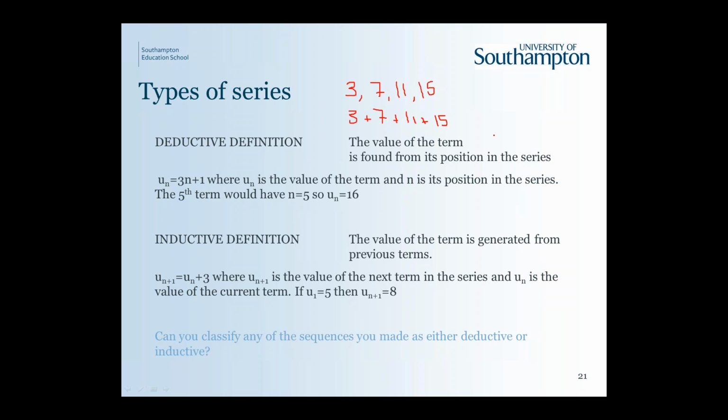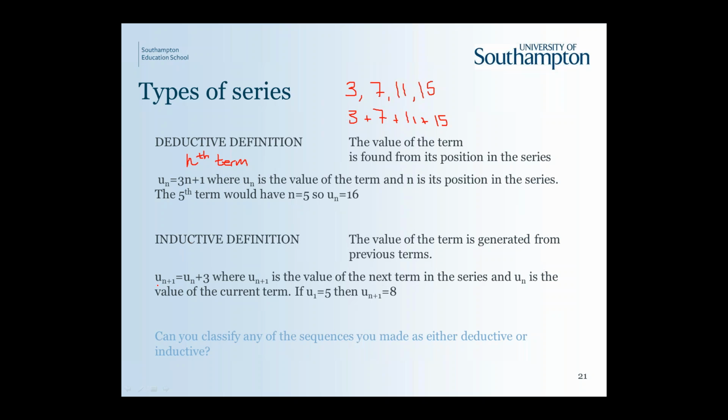So when we're talking about a deductive definition, that is the traditional nth term, just as the students will have done at school. That's generally the one that we come to probably second, because we generally start with an inductive definition. Just as I did here, I simply was adding 4 each time to get the next one. So in the inductive definition, you get the next term from the previous term.